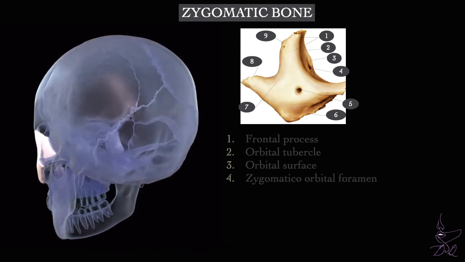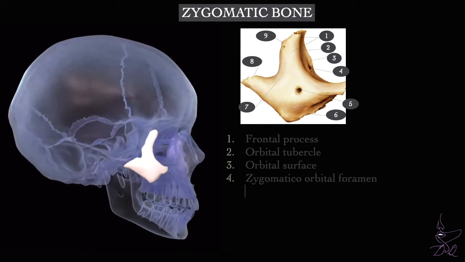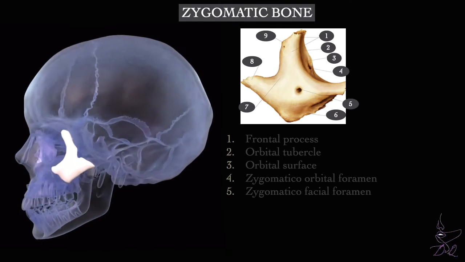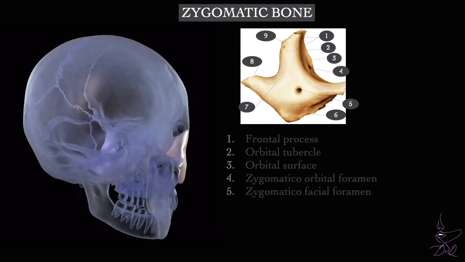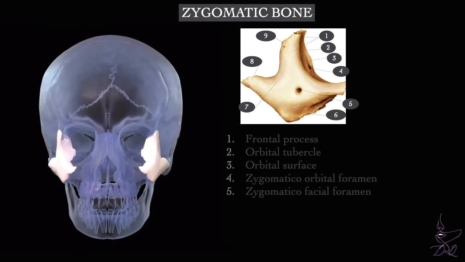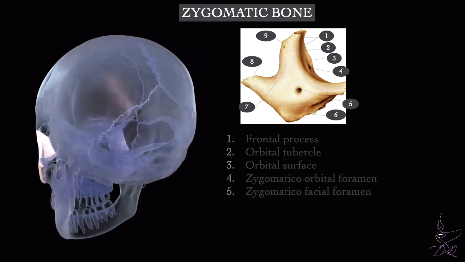Now this canal branches into the zygomatico-facial and the zygomatico-temporal canals, each of which is an opening on the corresponding surface of the zygomatic bone. Now the former transmits the zygomatico-facial nerve and vessels, while the latter is traversed by the zygomatico-temporal nerve and vessels.